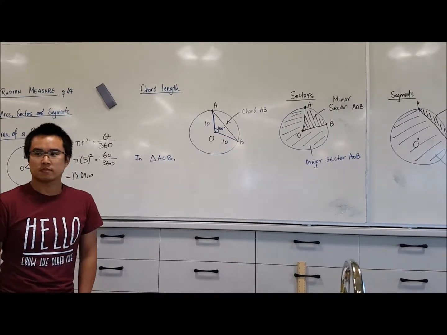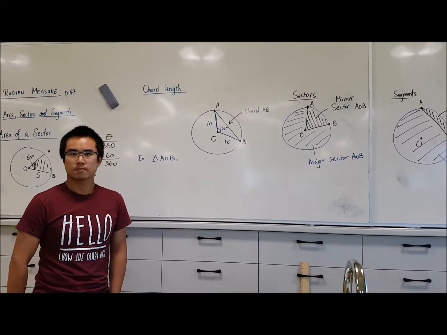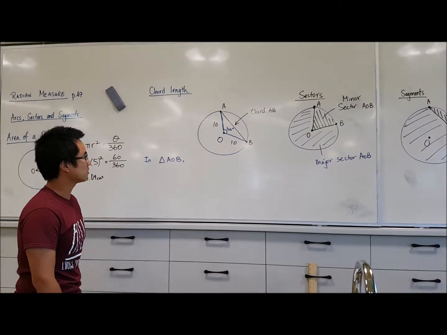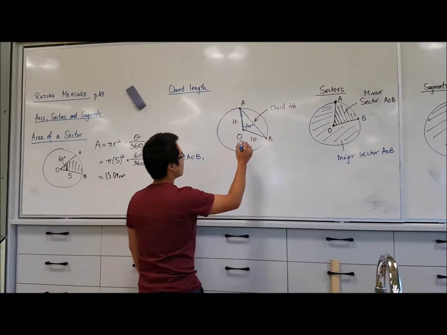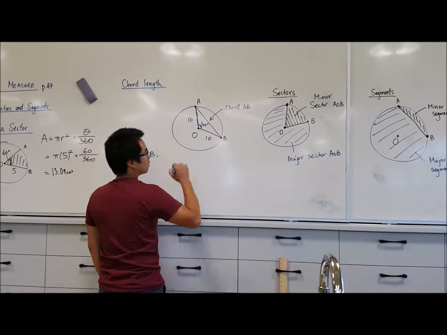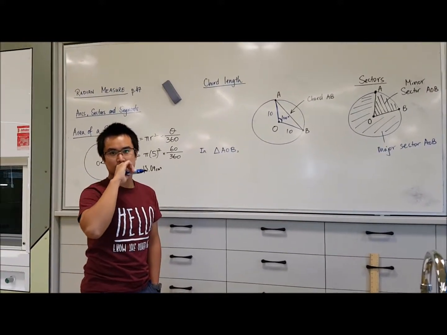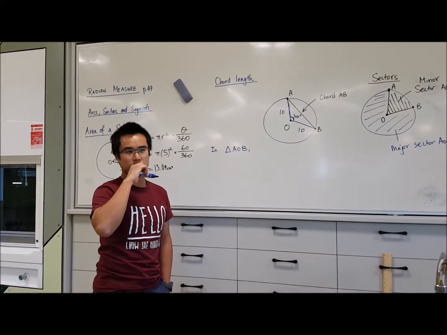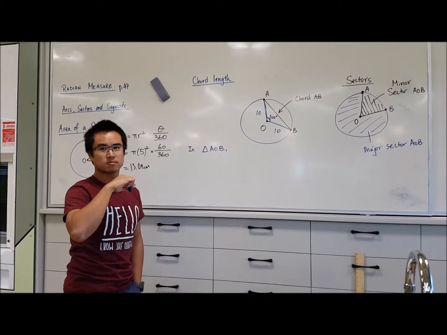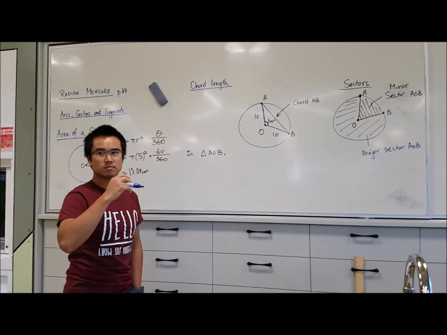Do I have two pairs of angles and sides? I can't use Pythagoras because it's not a right angle triangle. There's one of two rules I can use: cosine or sine rule.